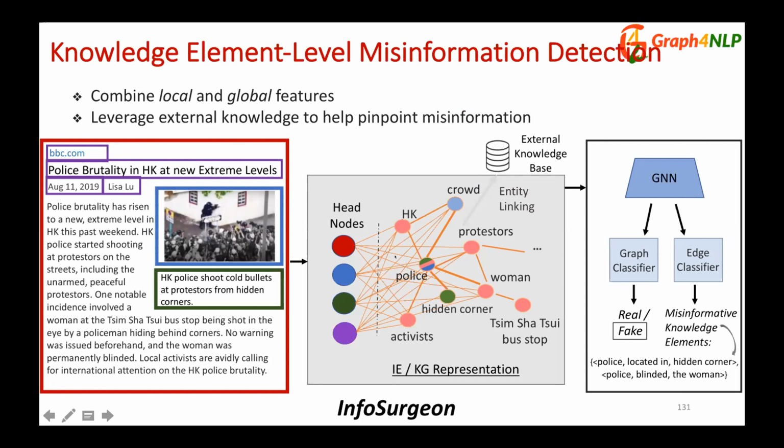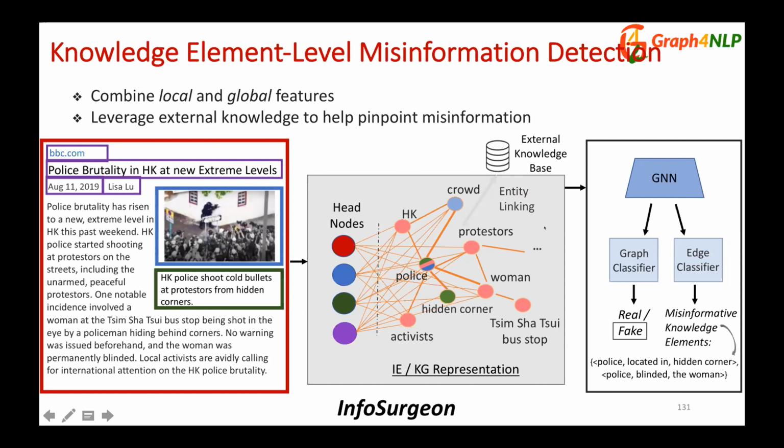You do see police, this location is in Hong Kong, there's a crowd, but the role this police played in this attack event is inconsistent between the image and the caption. The caption basically says they are shooting at the protesters, but the image does not say that.